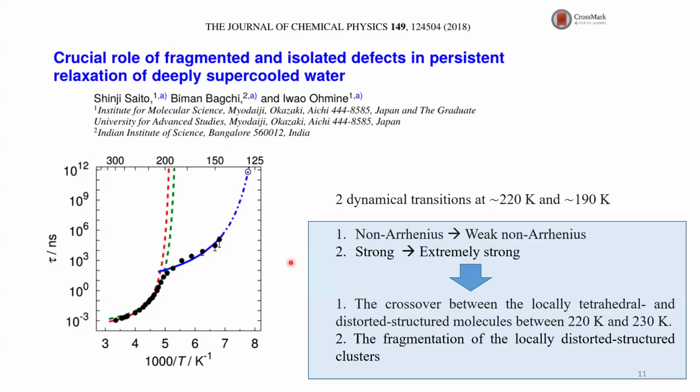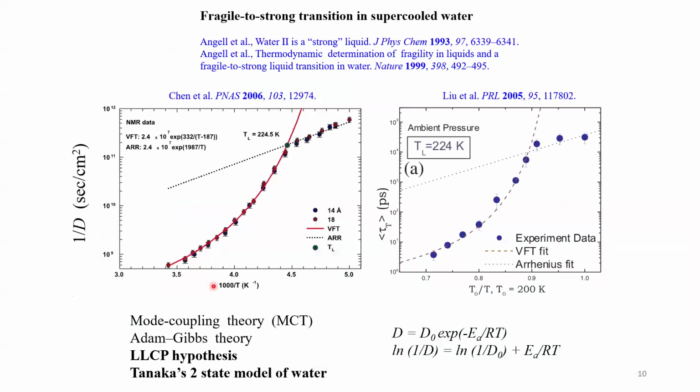So Tanaka's two-state model picture gave a nice explanation. Almost along the same line as the critical point hypothesis, it says that water is not pure water. What does it mean? Water is not a pure state. It has two different liquids mixed all the time.